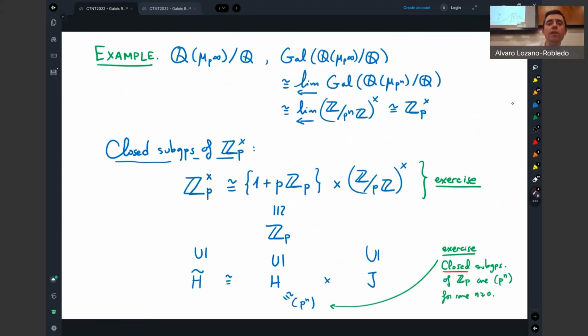So if I have this extension, the p cyclotomic tower, we know that that is isomorphic to Z_p cross. So what are the closed subgroups of Z_p cross? Two exercises for you in the homework. First of all, Z_p cross is isomorphic to the p-adic units that are congruent to 1 mod p, direct product, (Z mod pZ) cross.